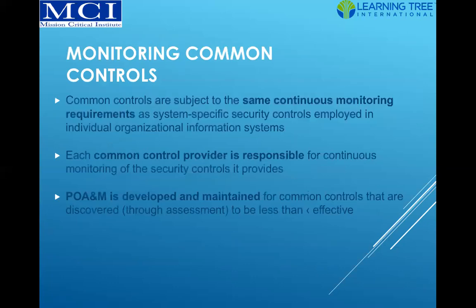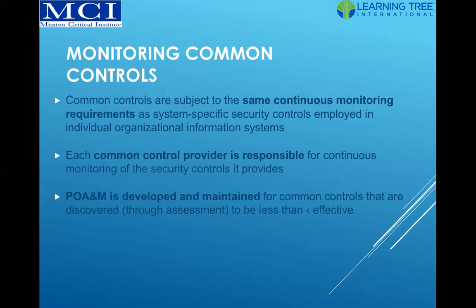So, monitoring common controls. Common controls are those like, for example, the security policy, the physical security policy, and physical security for the building that your system is housed in. Common controls are subject to the same continuous monitoring requirements as system-specific security controls employed in individual organizational information systems.